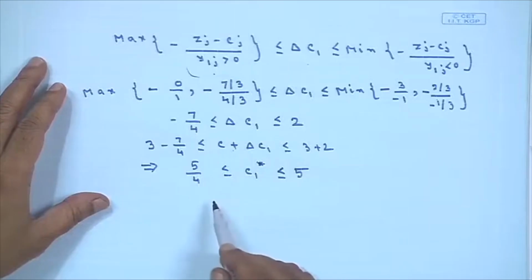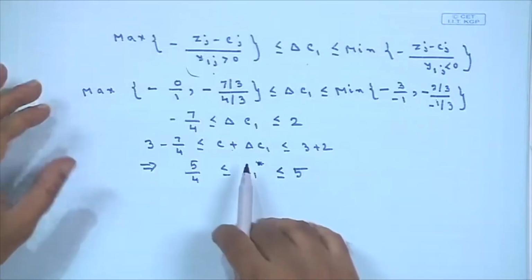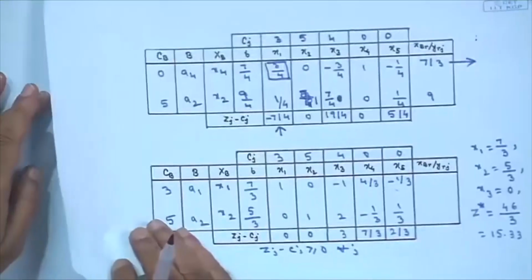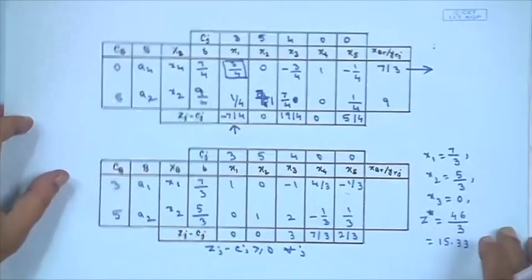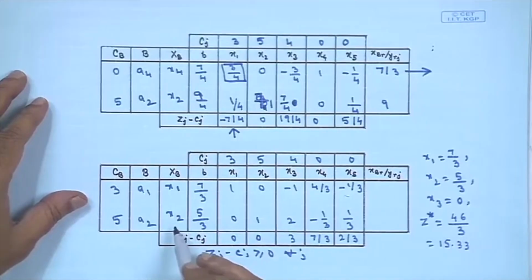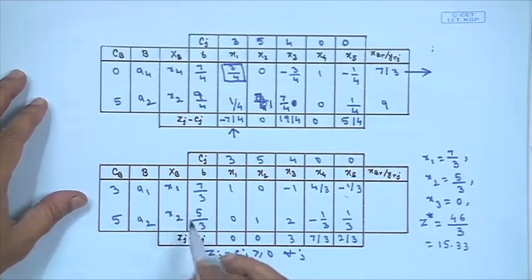So, here your advantage is, if I have changed C in this range, I do not have to recalculate the problem. Similarly, for the product Z, what happens? Product Z corresponds to the variable x3, and x3 is not present in the basis.